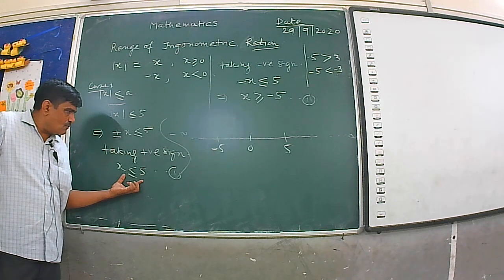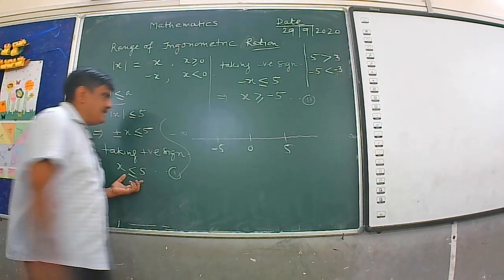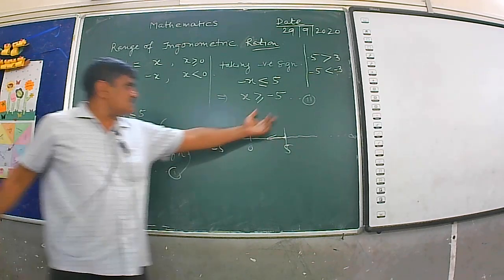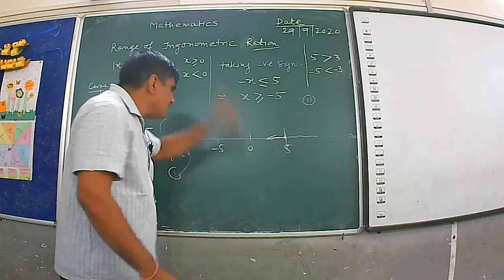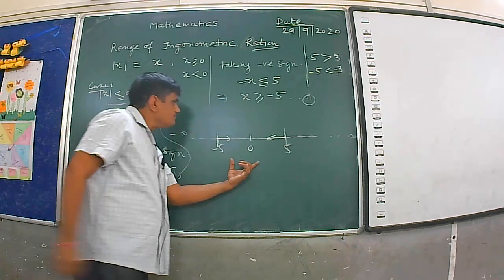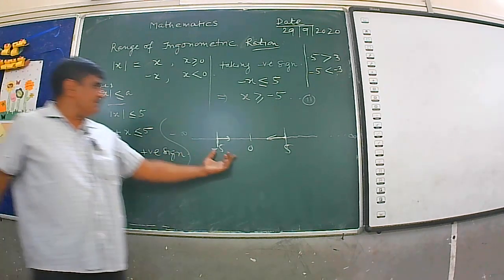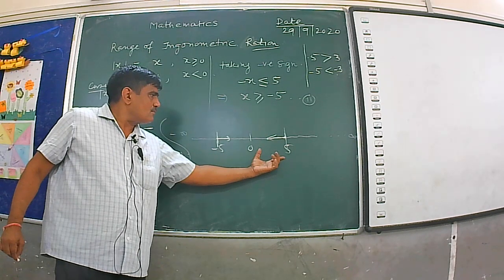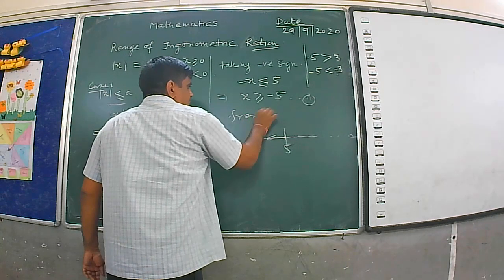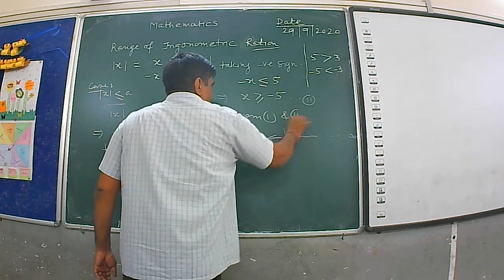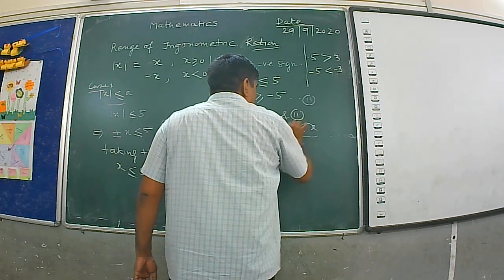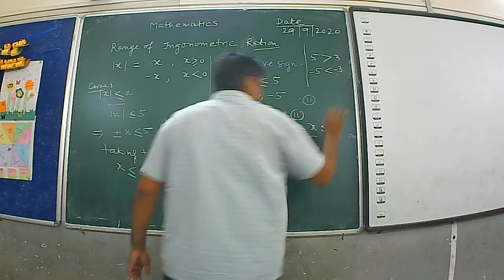From equation 1, x is less than or equal to 5, and from equation 2, x is greater than or equal to minus 5. Therefore, from 1 and 2, the interval will be minus 5 to 5. x lies between minus 5 and 5.